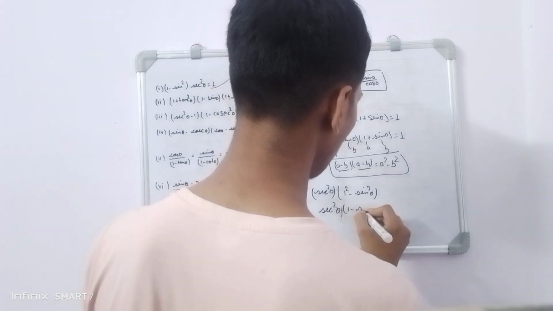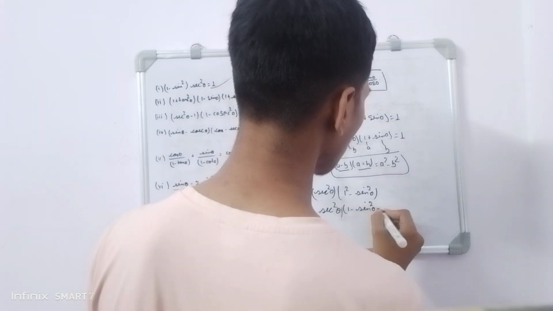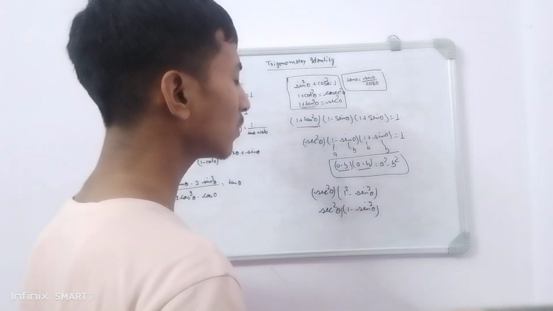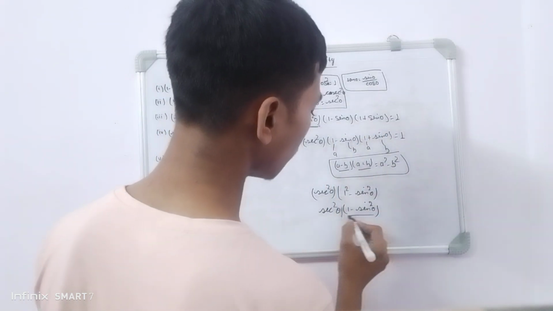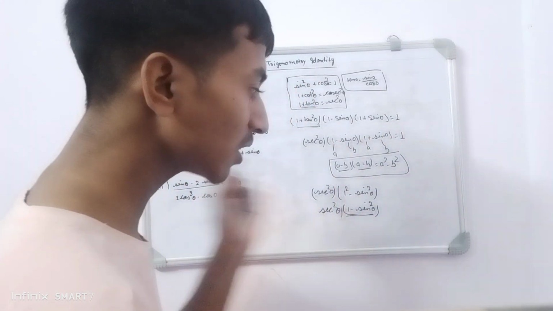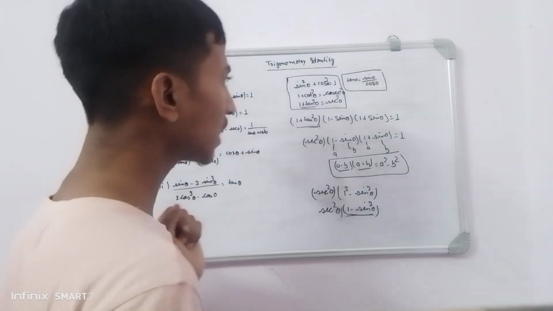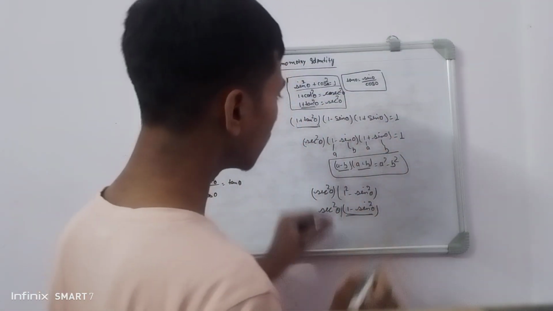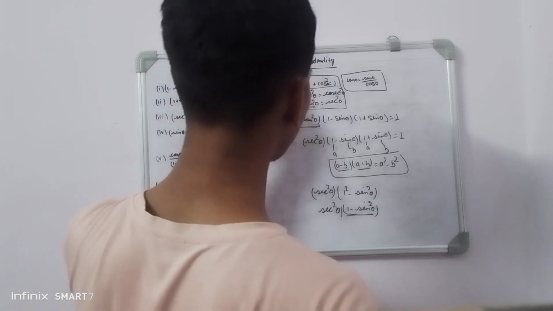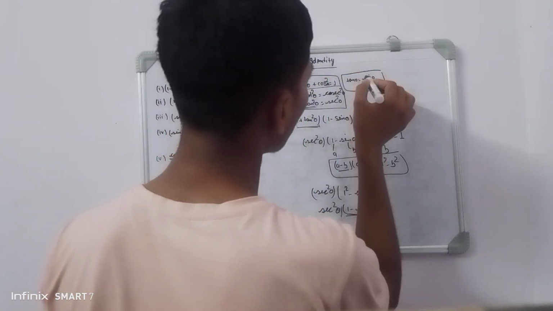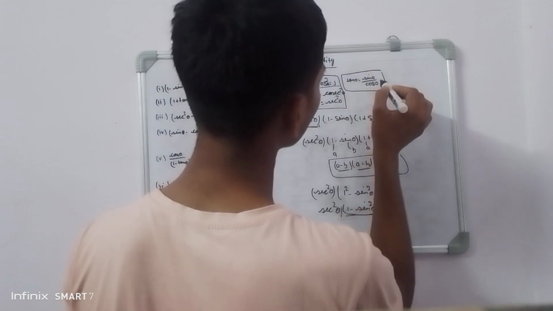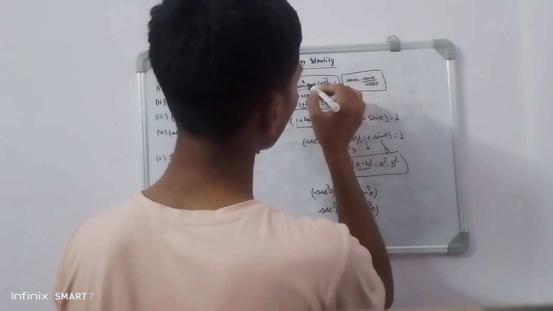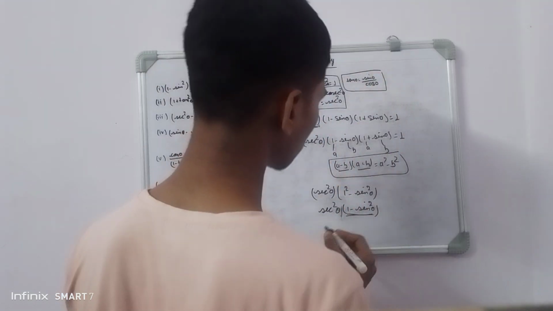So 1 minus sine square of theta becomes cos square of theta.